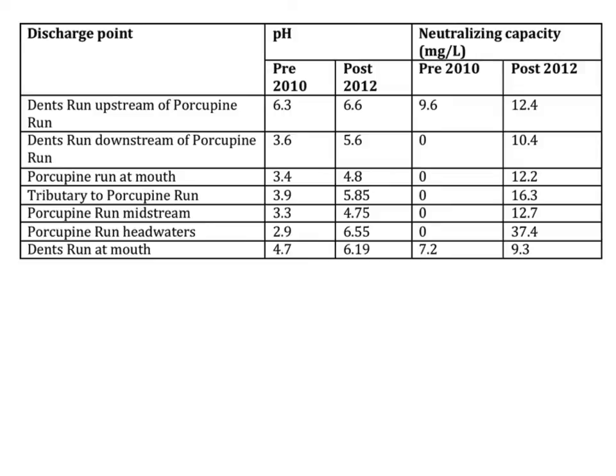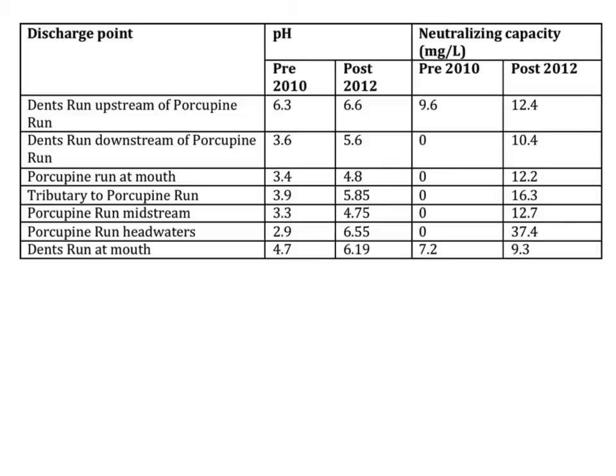We see here, prior to 2010, the concentration of hydrogen ions in several streams in the Dents Run watershed. Several of the pHs, Porcupine Run headwaters for instance, are as low as a pH of 2.9, an incredibly acidic condition for a naturally occurring environment. This is due to the acid mine drainage from open mines that existed in this region upstream.